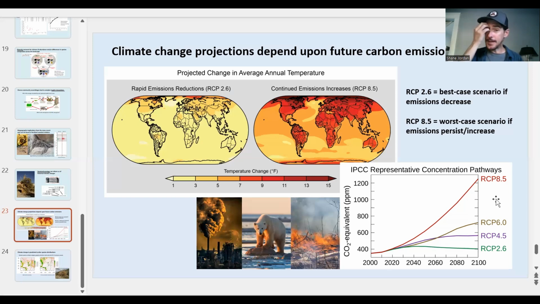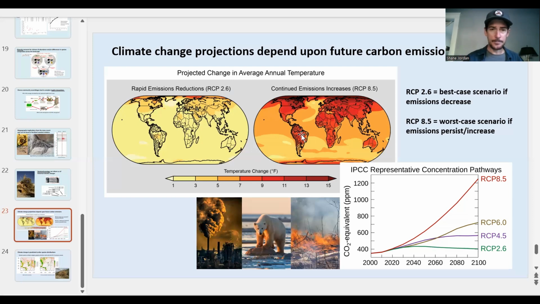The direct effect of increasing carbon dioxide concentrations in the atmosphere is an increase in global temperatures. And so these two maps up on the left are comparing what we think the projected temperature change on the planet is going to be under these different representative concentration pathway scenarios.